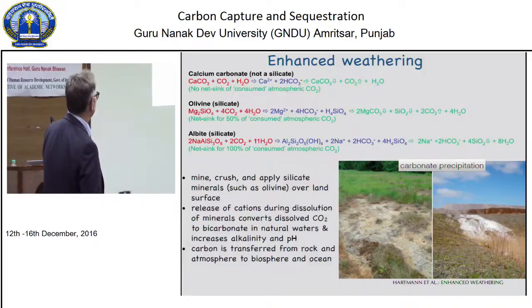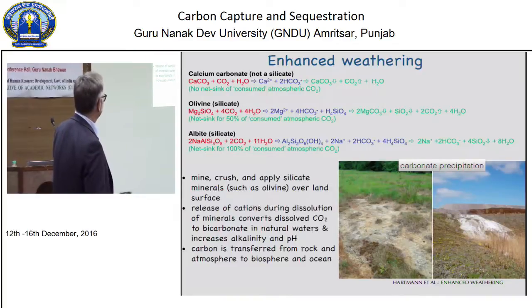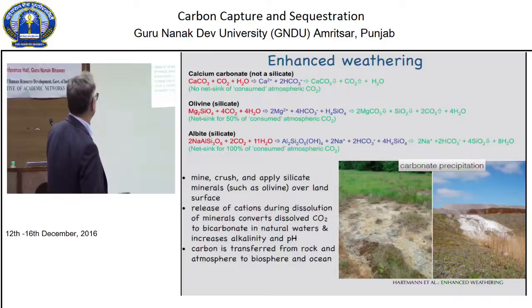So we mine, crush, and apply silicate materials over the land surface, and they release cations during the dissolution, and this ultimately changes the pH locally, but nevertheless sequesters CO2. Carbon is transferred from the rock and atmosphere to the biosphere, and then ultimately to ocean.